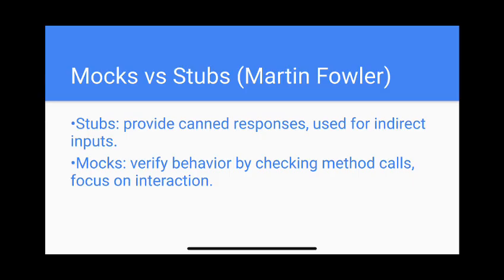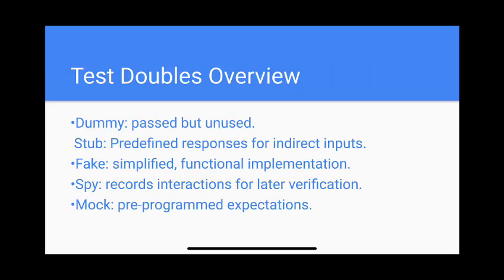If the interactions don't match the expected collaboration pattern, the mock will fail the test. This makes mocks ideal for collaboration testing, interaction testing, and ensuring the SUT communicates correctly with its dependencies. In Fowler's words, stubs focus on inputs while mocks focus on interactions.